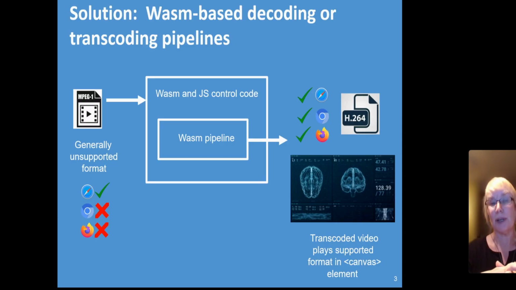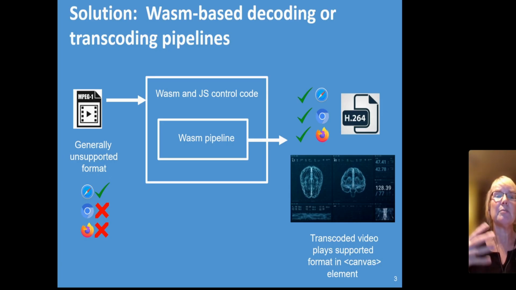Our WebAssembly transcoder or pipeline will take, for instance, legacy MPEG-1 video, and using a wrapper, written also in WebAssembly or JavaScript control code, convert it into something that is more universally supported by browsers that can be easily displayed by an HTML video or Canvas element.